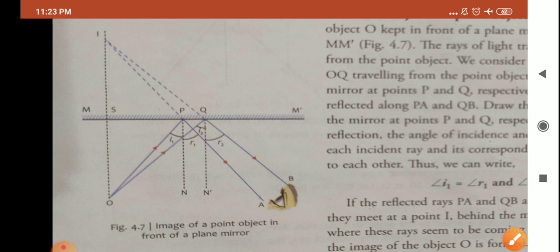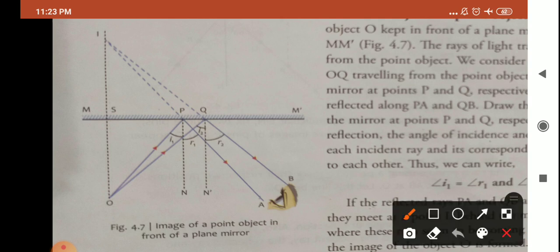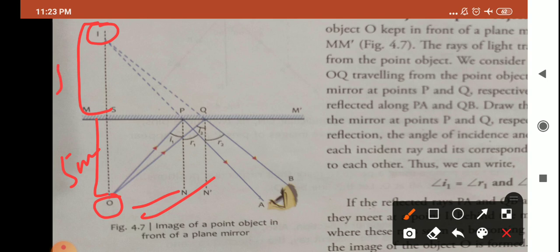Now one more thing you need to notice here, children: the object distance and the image distance from the mirror are always the same. If the distance of the object from the mirror is 5 meter, the same will be the distance of the image from the mirror, that is 5 meter. So do remember this thing.